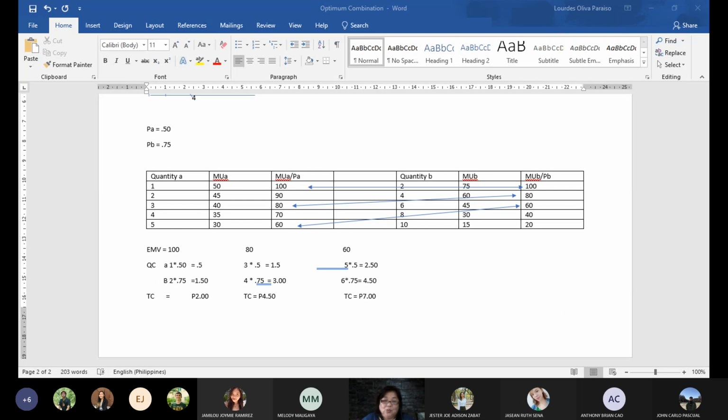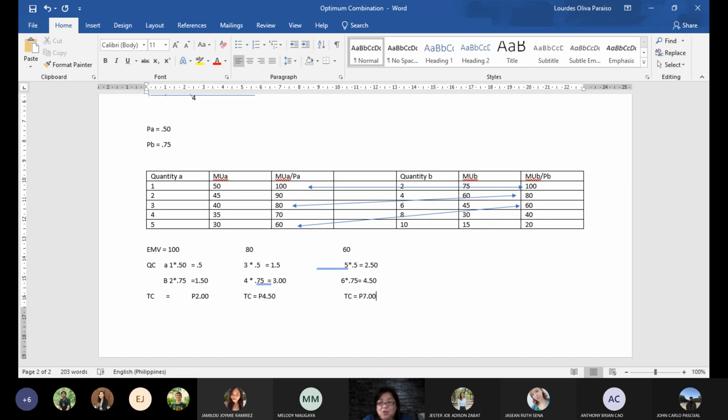Okay, let's go back to your table. Equimarginal value of 80. What is the cost of A? Cost of A is 3 times 0.5 is equals to 1 peso and 50 centavos only.